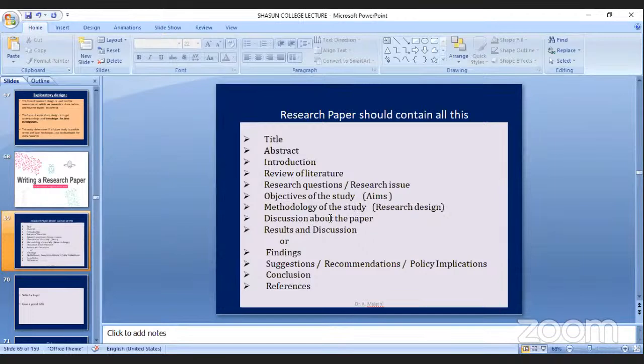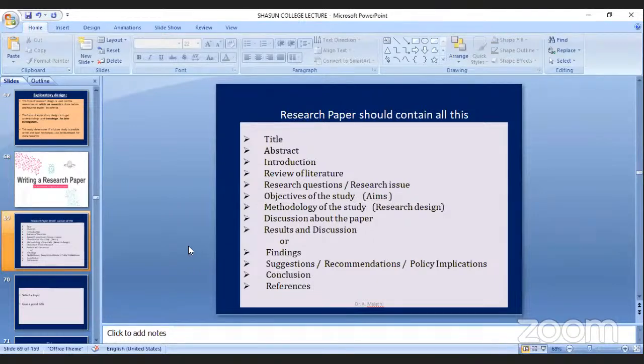Then you go into the discussion about your paper, giving the results and discussion, or instead of the results, the findings of the paper, and then the suggestions, recommendations, and policy implications. Then you conclude your paper, and finally you give your references, otherwise called a bibliography. These are the important contents of your research paper.